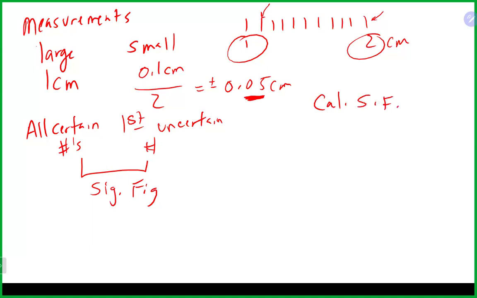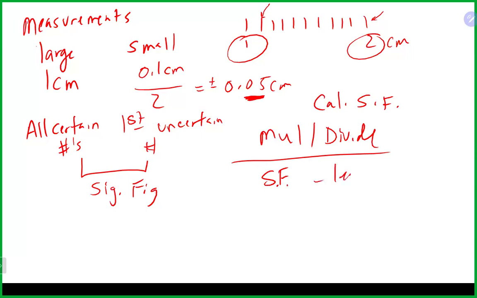figures. And remember that when we do calculations with significant figures, there's two categories that usually it falls into. Either you're multiplying or dividing. And when we do multiply and divide, it is significant figures that we are looking at, and it is the least amount of significant figures.